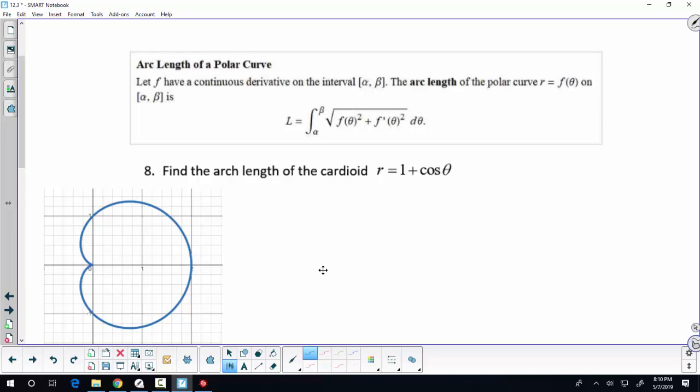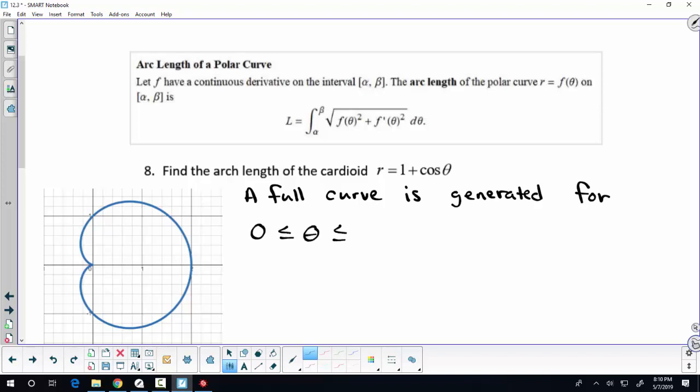So let's just say it was given to us as a full curve, generated for theta values between 0 and pi.